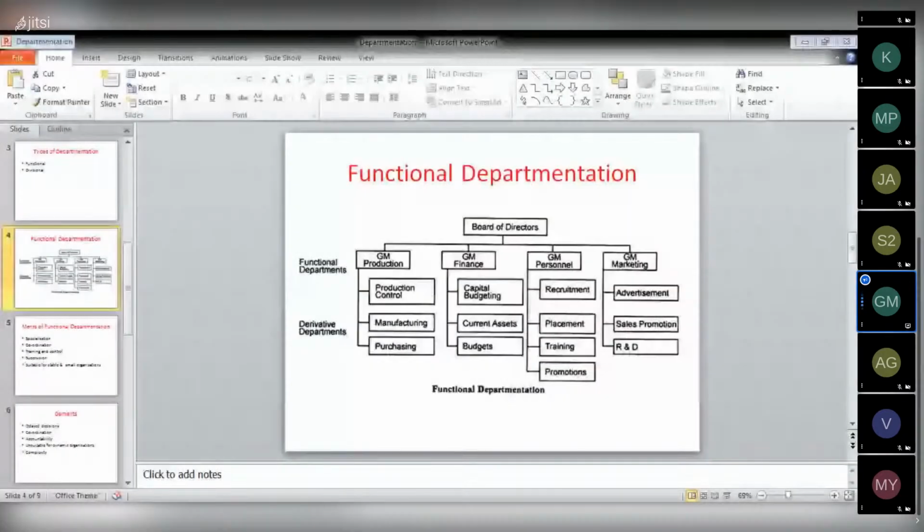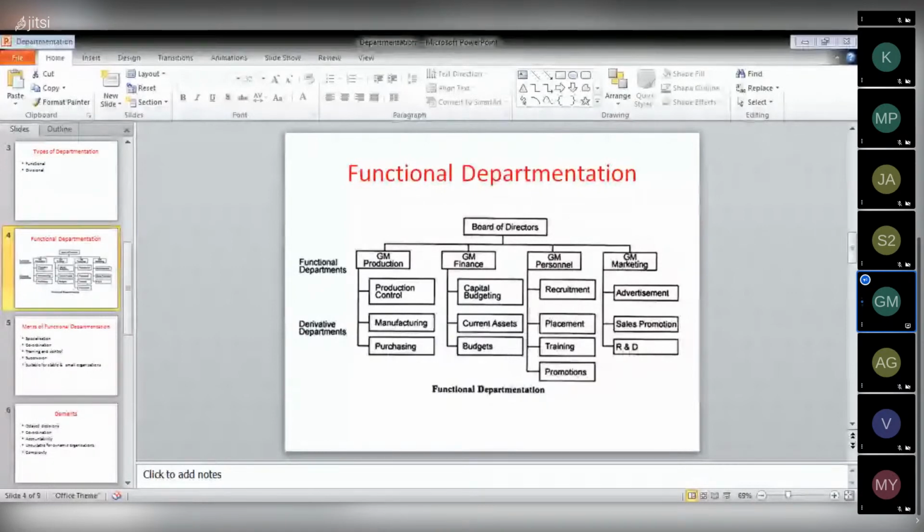This kind of departmentation is suited for companies that produce multiple products. For example, ITC is not manufacturing only a single product, they are also manufacturing other products.